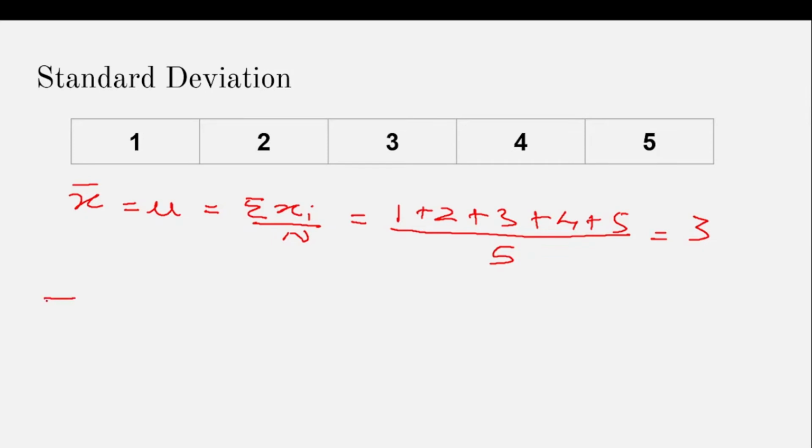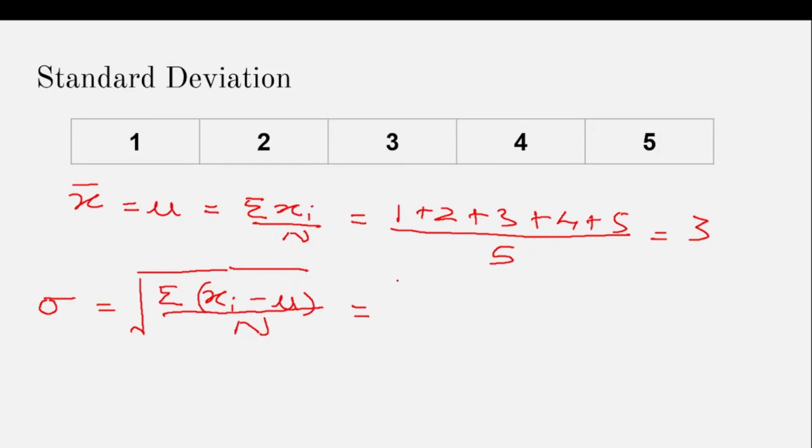Now we'll calculate the standard deviation. As we know, standard deviation is represented by the symbol sigma and is given by the square root of the sum of squared deviation, that is xi minus mu squared, upon the number of data points in the population, that is N, which is equal to the square root of... what will be the deviation of the first data point from the mean?